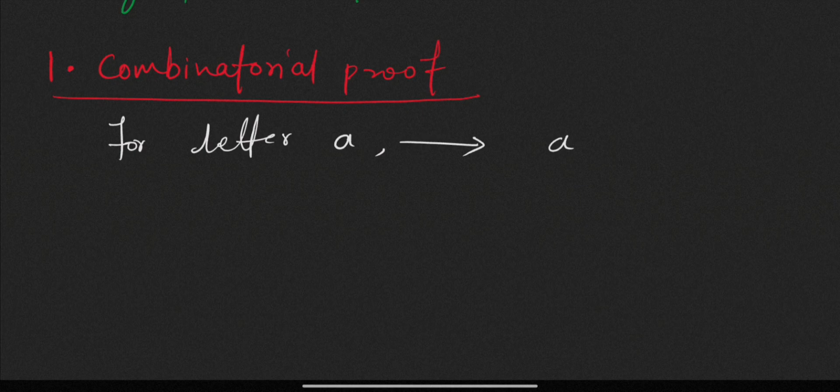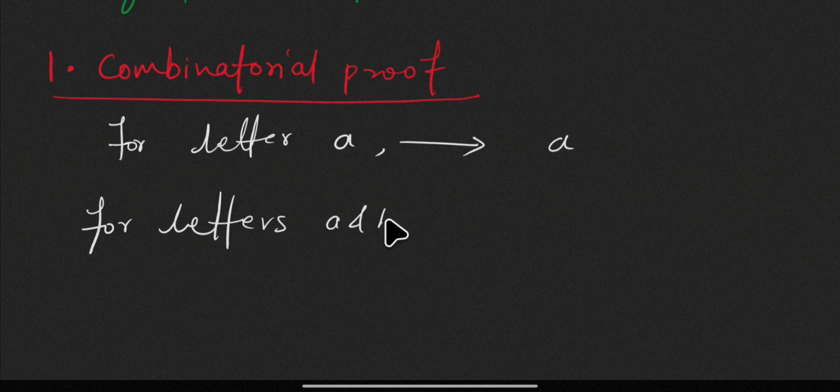Yeah, so if I take letters A and B, and I want to arrange these letters simultaneously, means in a group, we can arrange them as AB and BA.